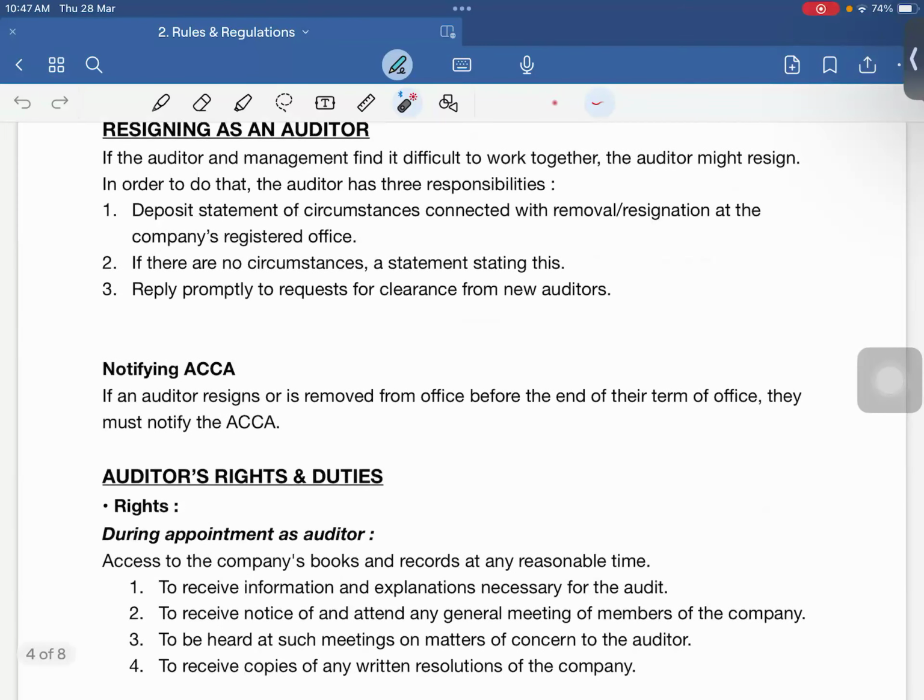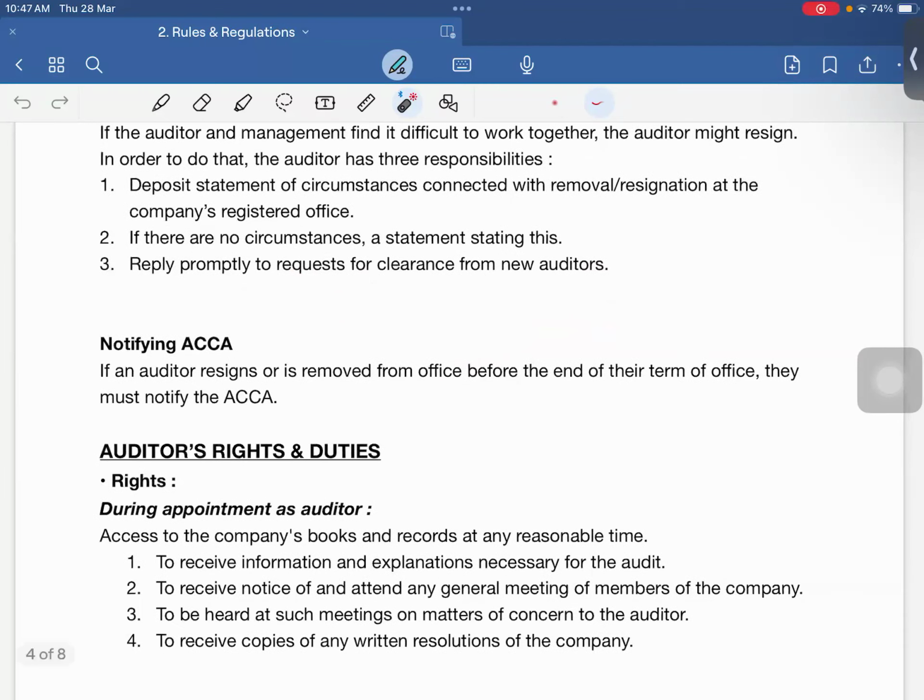Now, this particular thing is connected with appointing new auditors as well. Because in order for a new auditor to join the company, he should also have some clearance, right? And that clearance would be moved on if the existing auditor is going to be addressed properly. Understood? Now notifying ACCA.